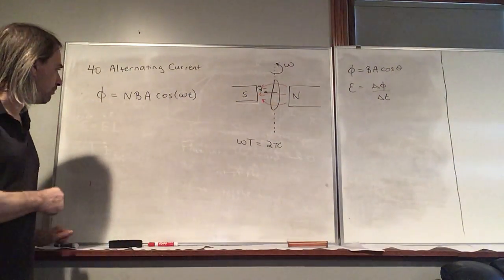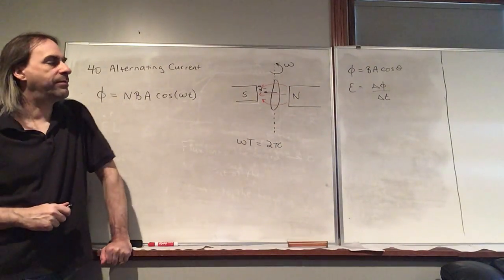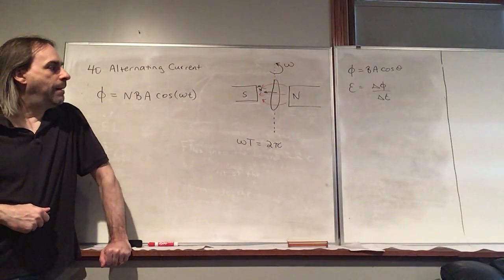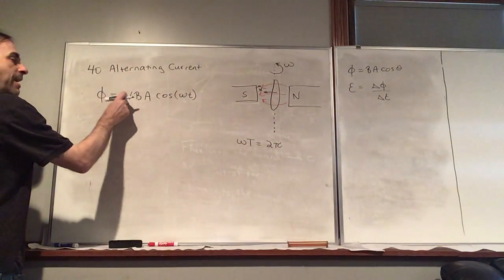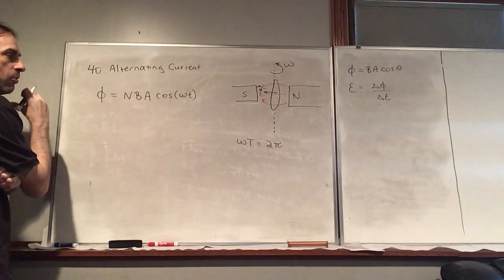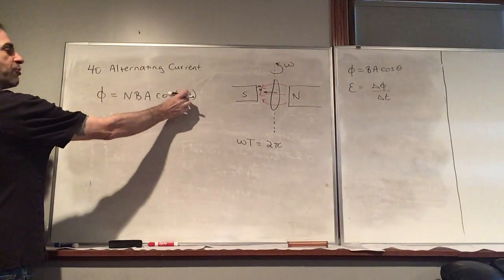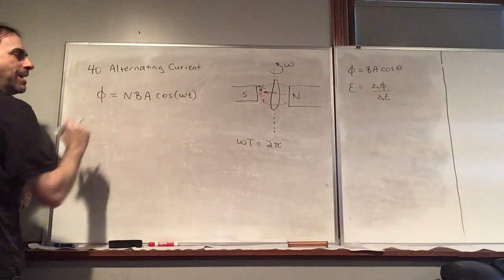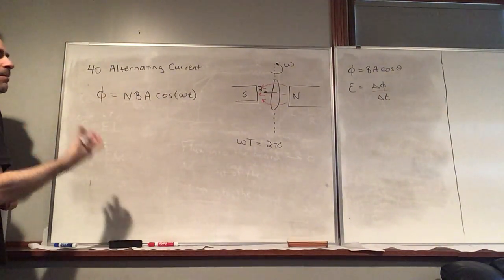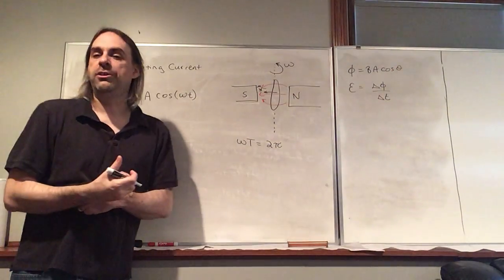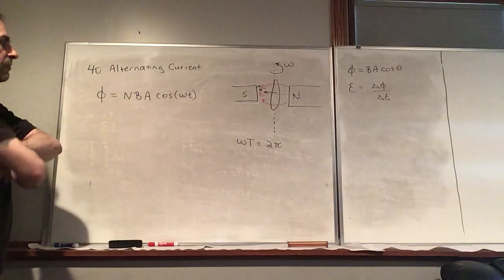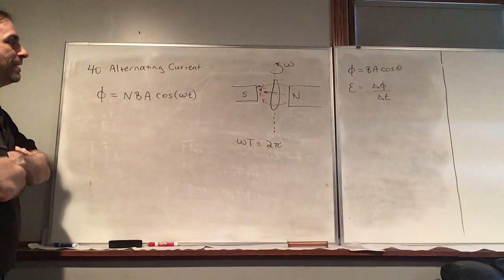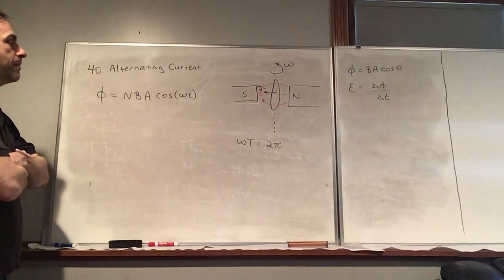Now, to get the EMF, I'm going to just have to write down the answer. So note that NBA, these are all constants. The only thing that's changing is time. Omega is a constant as well. The problem is we have a constantly changing flux, and the time dependence is a little complicated here.